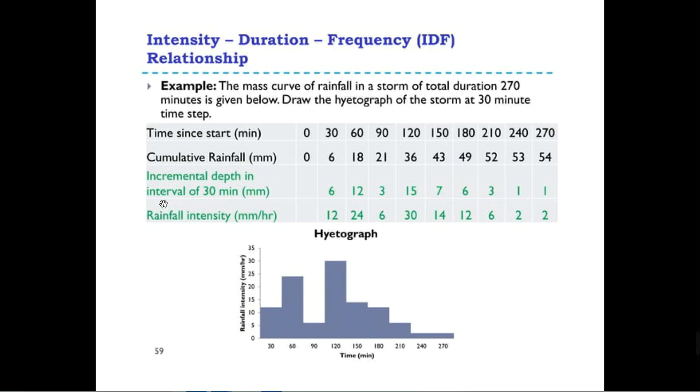So this is the incremental depth for 30 minutes, and the rainfall intensity is in millimeters per hour. Normally, this is the standard version: rainfall intensity means we have to calculate the rainfall for 1 hour. So this is the time step and rainfall intensity. Then you can draw the hyetograph.